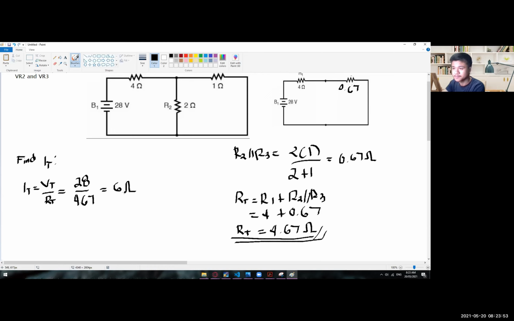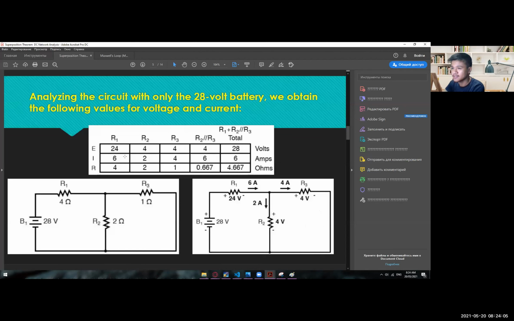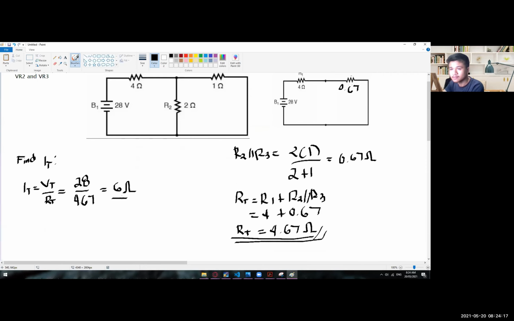You will know later on why I put 6 here. You could put 5.99, they are just the same, but I'll choose 6 because that is the one that we have in this table. So we have 6 total current, which is this one.